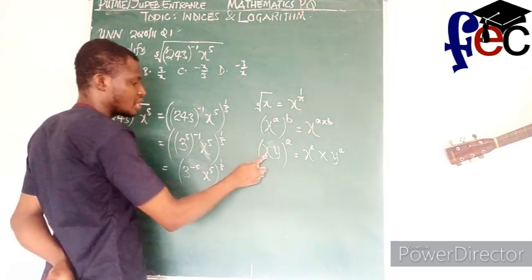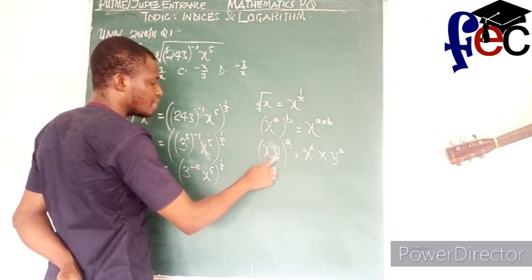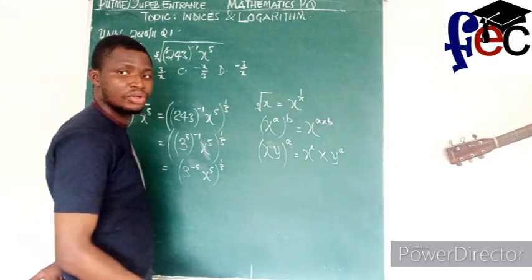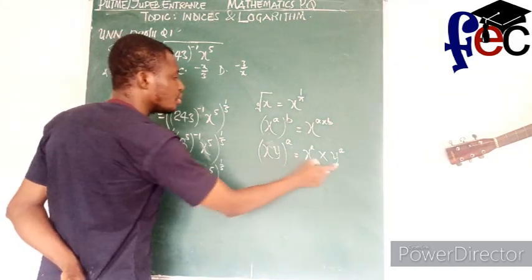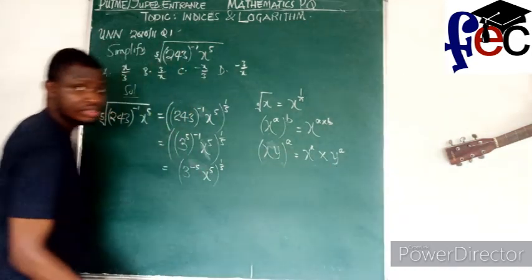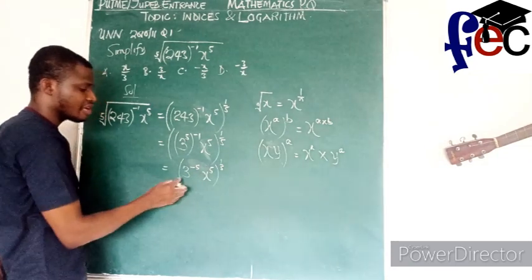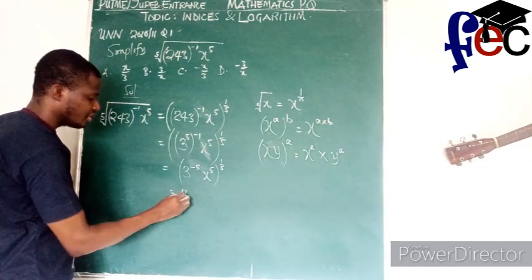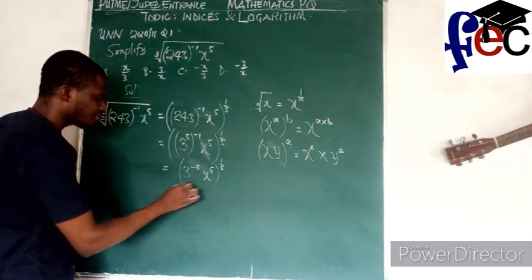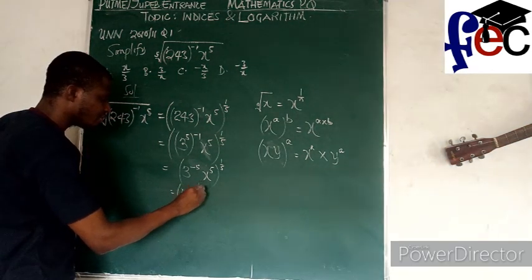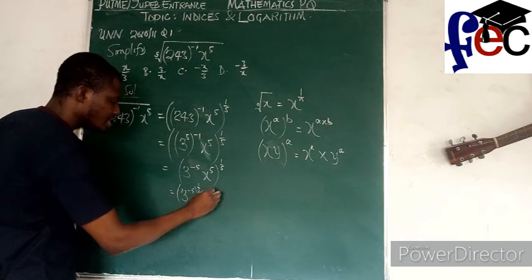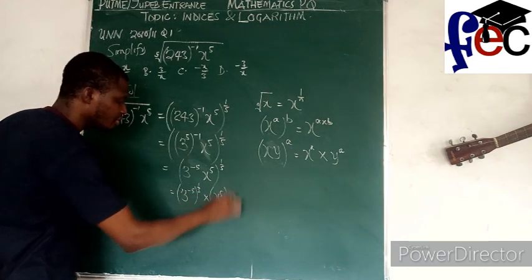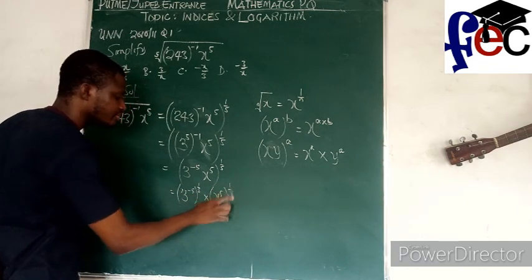It's a rule. So that shows that this 1 over 5 can be applicable to the two of them. What would that give us? 3 raised to power minus 5, all raised to power 1 over 5, times x raised to power 5, all raised to power 1 over 5.